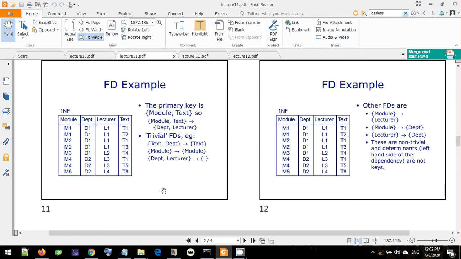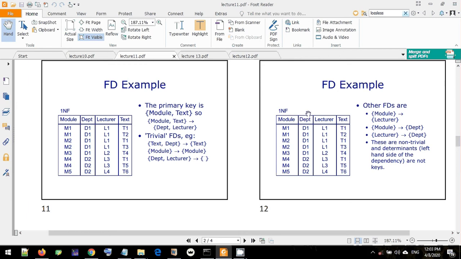There are some trivial functional dependencies, like text and department, which functionally depends on the text. We equally have module, which functionally depends on itself, that it maps onto itself, one of the trivial characteristics of functional dependencies. Then department, lecturer, which functionally depends on no attributes.